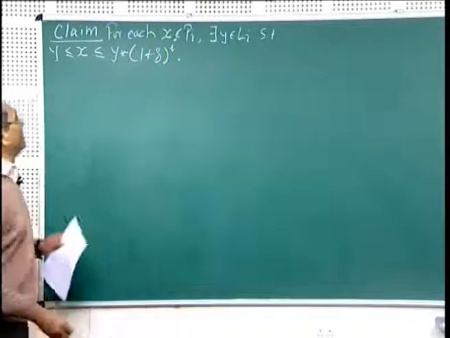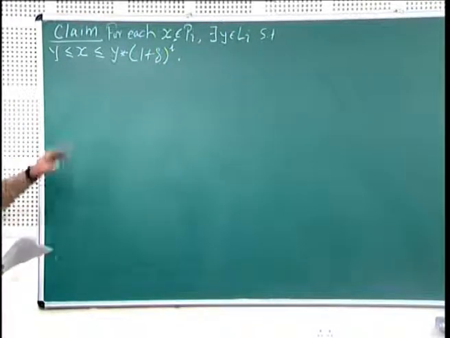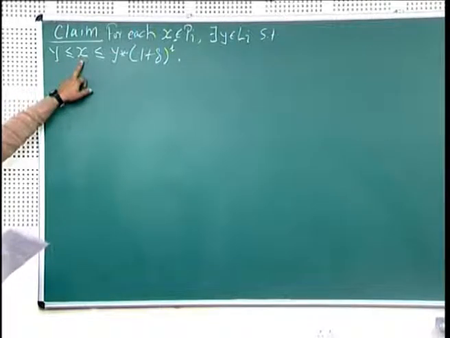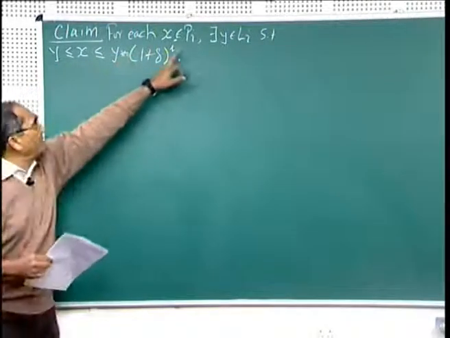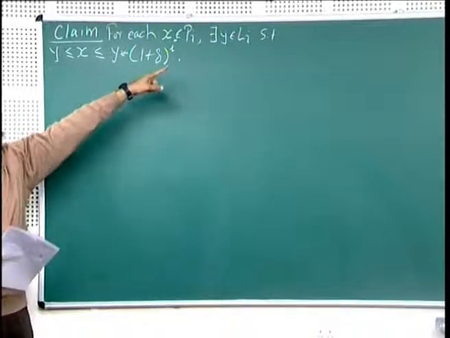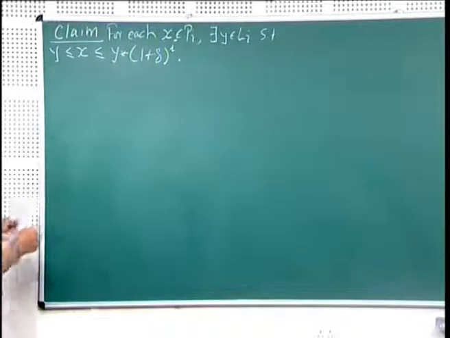This is trying to show that for every number of the original list, there is a number which is close by in the computed list Li.